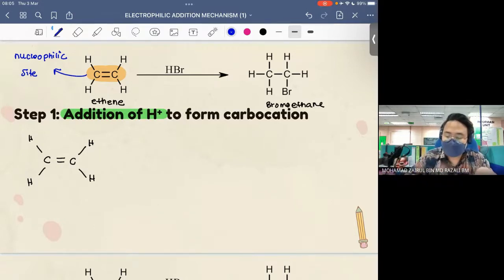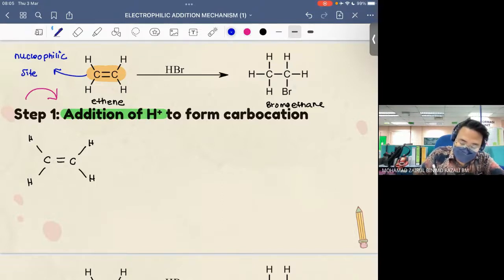Remember that kalau kita nak buat mechanism, this one will involve heterolytic cleavage. So for heterolytic cleavage, the curly arrow that we're going to use is this kind of arrow. Bukan half-headed, bukan half-headed. Remember that the arrow itu must always come from the electron rich species towards electron poor species.